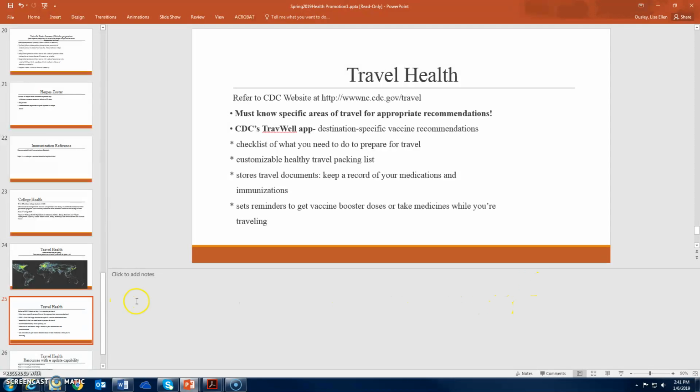So CDC is very specific in saying we must know the areas they're going to travel for appropriate recommendations, and they have a comprehensive education and care information for us as primary care providers. And they also divide it into the traveler themselves so that they can be well prepared past just what the healthcare needs are.